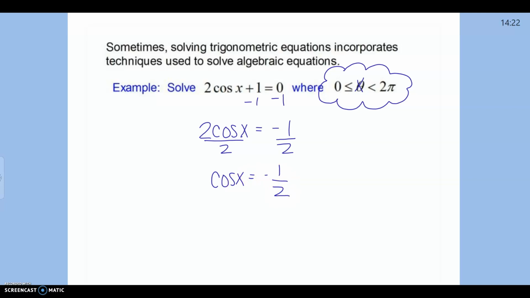So now I'm back to something like we did on the page before. Once I get cosine of x by itself, my job is to now go to the unit circle. And remember that cosine is my x coordinate, so I'm going to go looking for everywhere my x coordinate is -1/2.